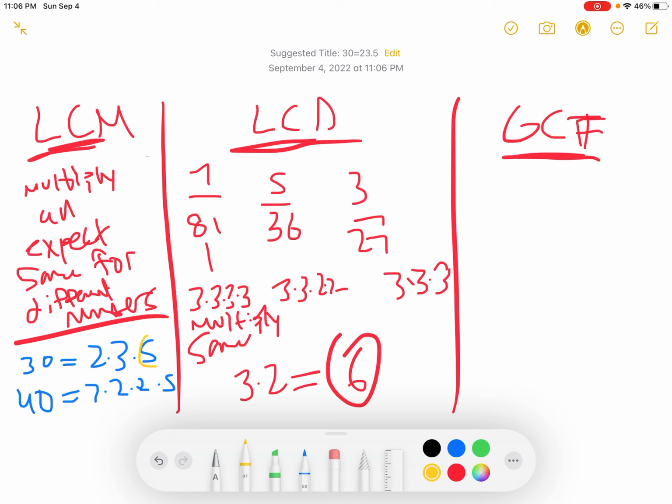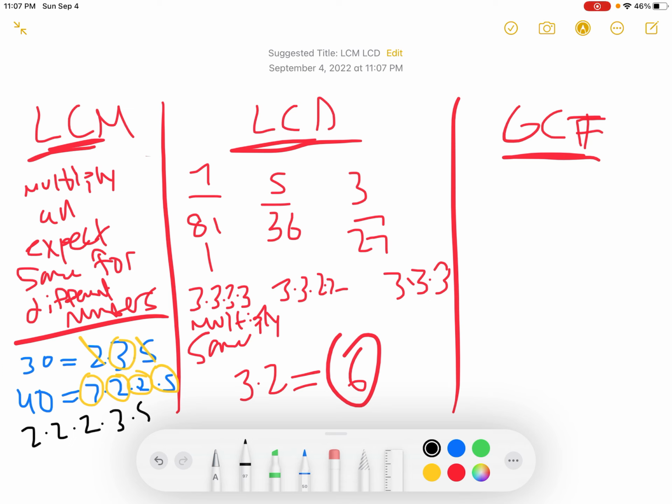What's the same for different numbers? These 5s and these 2s. Since we have more than one 2 on the bottom, we can multiply all these. So yes, yes, yes, but we're not going to do that because we already had a 2 right down here. And we're not going to do that because we already had a 5 down there. So it would end up being 2 times 2 times 2 times 3 times 5.